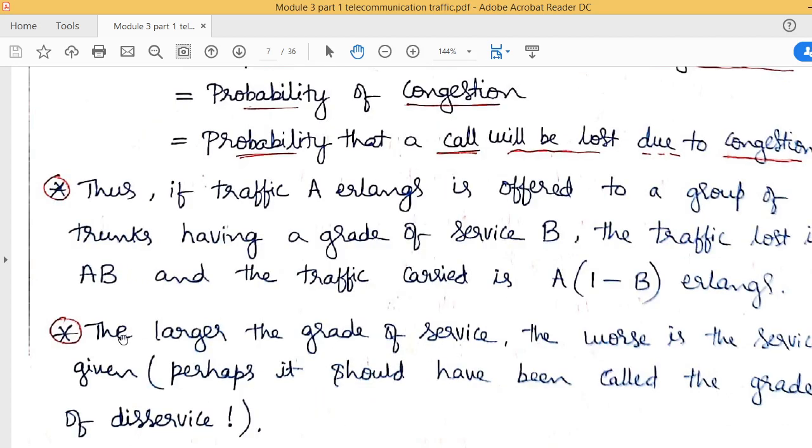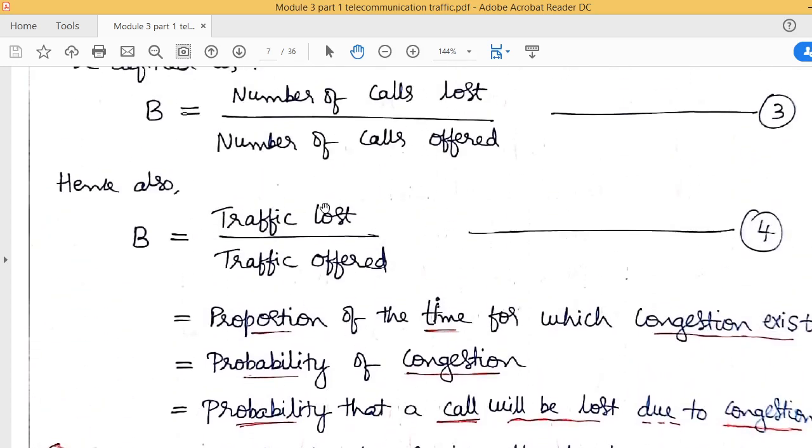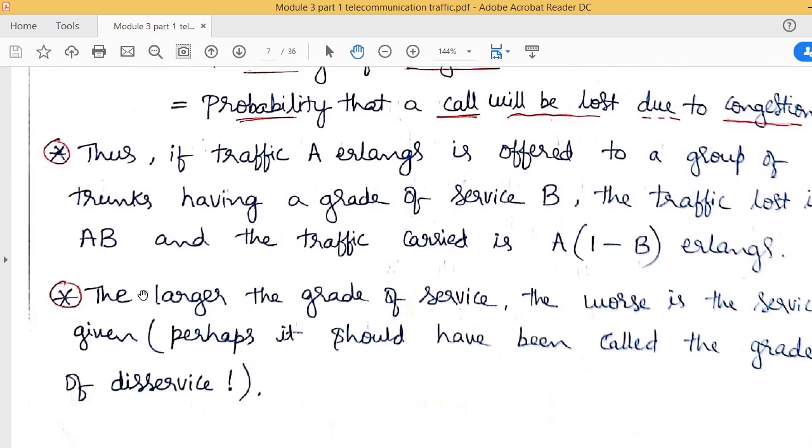So it is clear that the larger the grade of service, the worse is the service given by the telecommunication network. If larger and larger amounts of traffic are lost, then the value of the grade of service will be more.